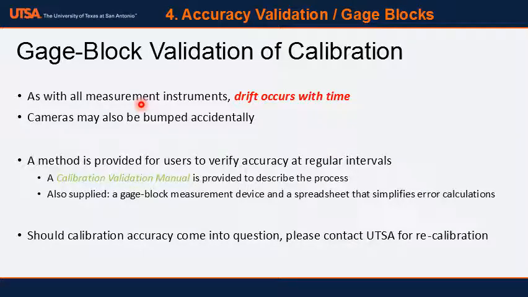So that method is provided to you and is explained in the calibration validation manual. Now also we provide with this the gauge block measurement device that I'll talk about later, and a spreadsheet if you want to use it to help you calculate all those accuracy numbers automatically. Should the calibration accuracy come into question, please contact UTSA for a recalibration. We're happy to work with you to get that done.